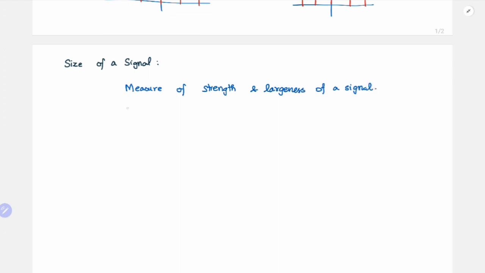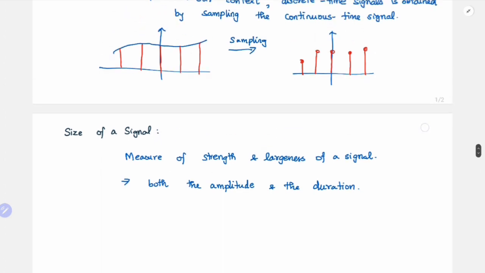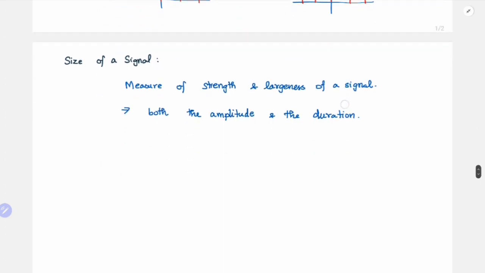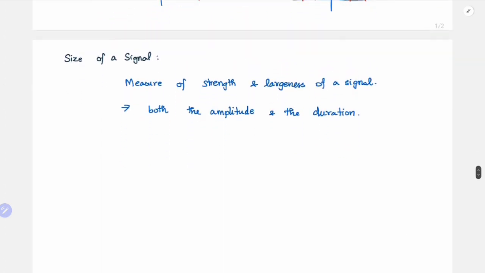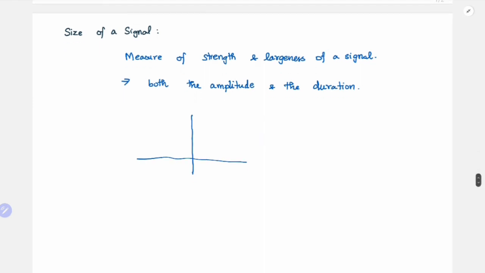And what parameters did we want to take into consideration? Both the amplitude and the duration. So your duration is given in terms of n, correct? So higher the extent of the signal in the time axis, more should be the size of the signal, right?